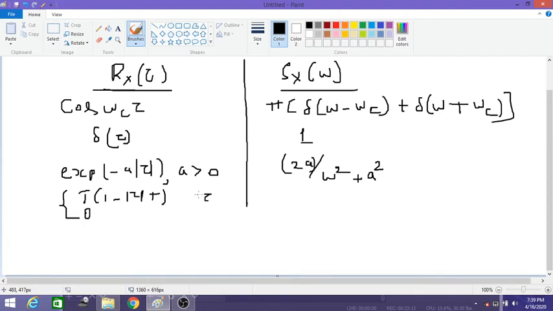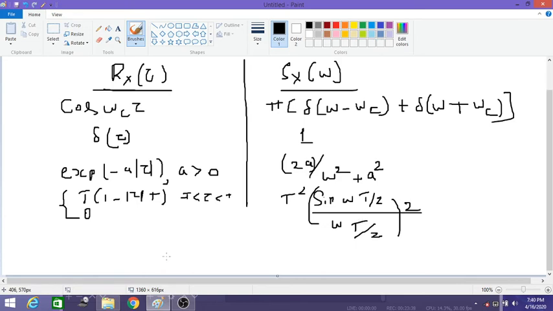If it is T times 1 minus magnitude of tau by T, for tau ranging from minus T to plus T, then it is T square into sine of omega T by 2, divided by omega T by 2, whole square.